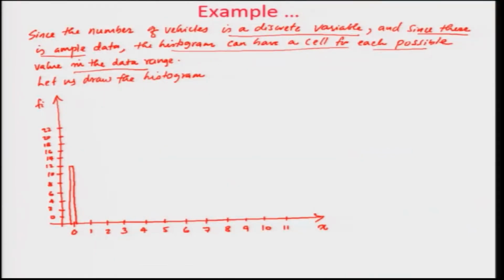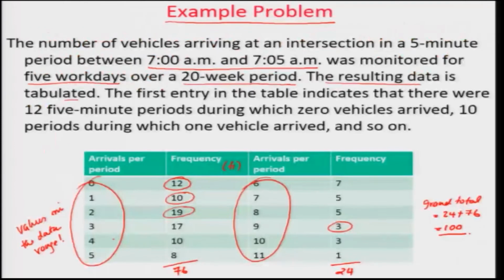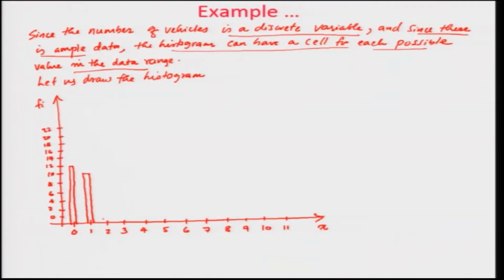So, this will be 10 somewhere here, then 2 was 19, and the next one is 17. So, 19 is somewhere here, then the one after that is 17, somewhere between 16 and this one. Then 4 is 10. So, I will get to 10 here.